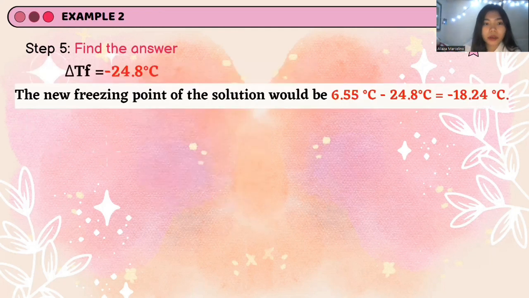So therefore, the new freezing point of the solution would be 6.55 degrees Celsius minus 24.8 degrees Celsius, which is equal to negative 18.24 degrees Celsius. So, that's the end of our calculation.